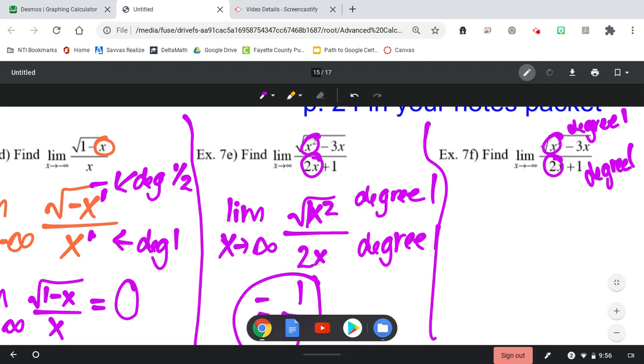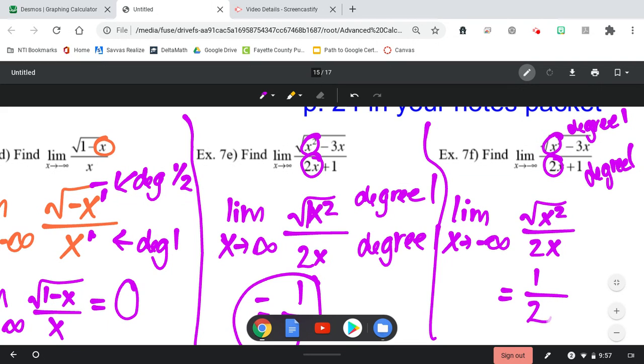So I'm going to be looking at the limit as x approaches negative infinity of the square root of x squared over 2x. And so this time, let's see, I'm thinking about the leading coefficients. So the ratio of the leading coefficients is 1 over 2.